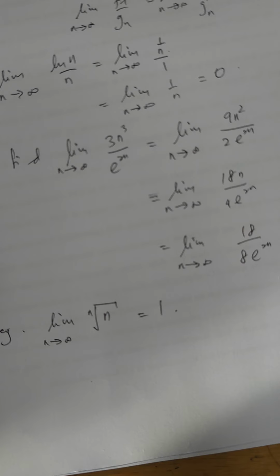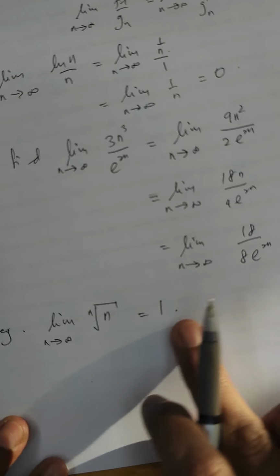How do we do this? Can I leave this to you to think of? Let me give hints, then I leave it to you. You can show that this is equal to 1.